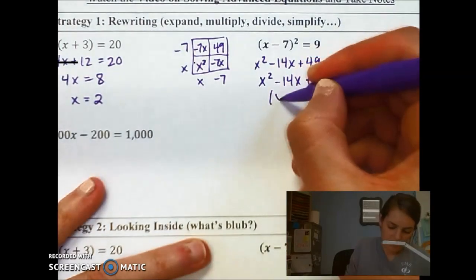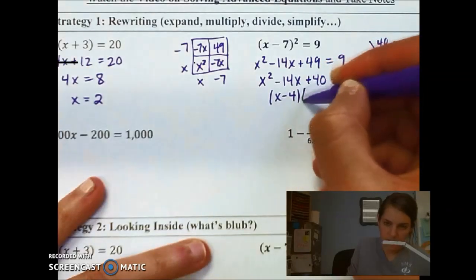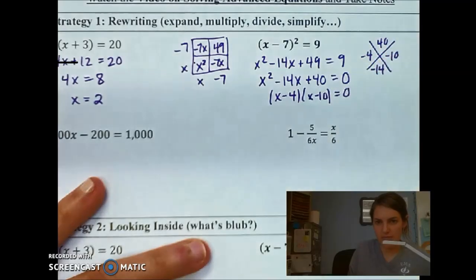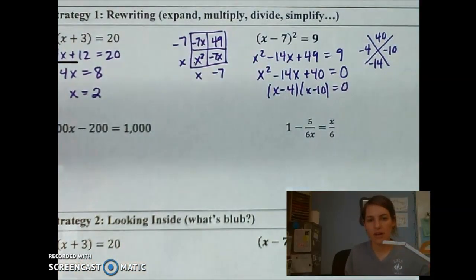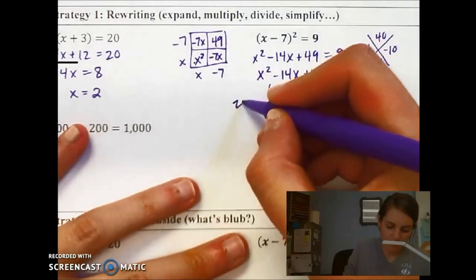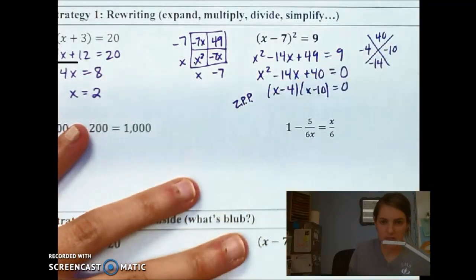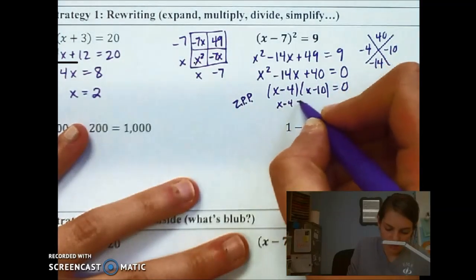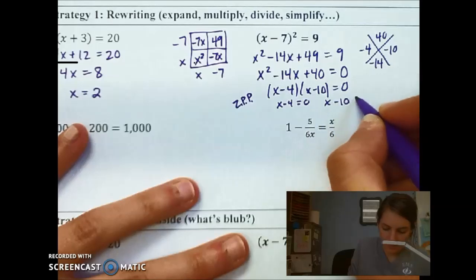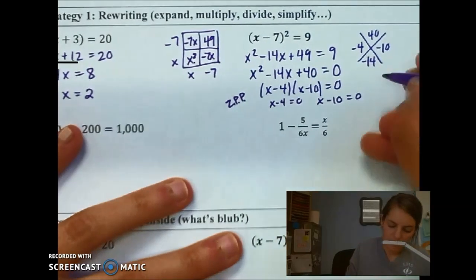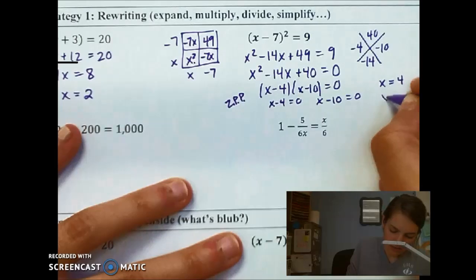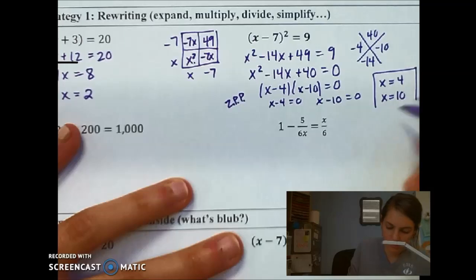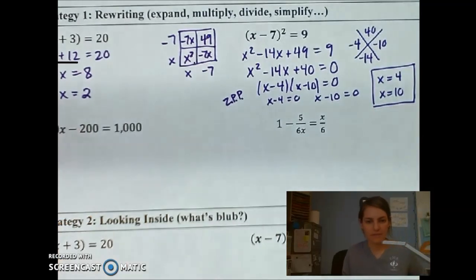So then we have factor x minus 4 and another factor x minus 10 equals 0. And then use the 0 product property, or what I like to call the ZPP. So if x minus 4 equals 0 and x minus 10 equals 0, then x equals 4 and x equals 10. So there are 2 solutions to that quadratic equation.